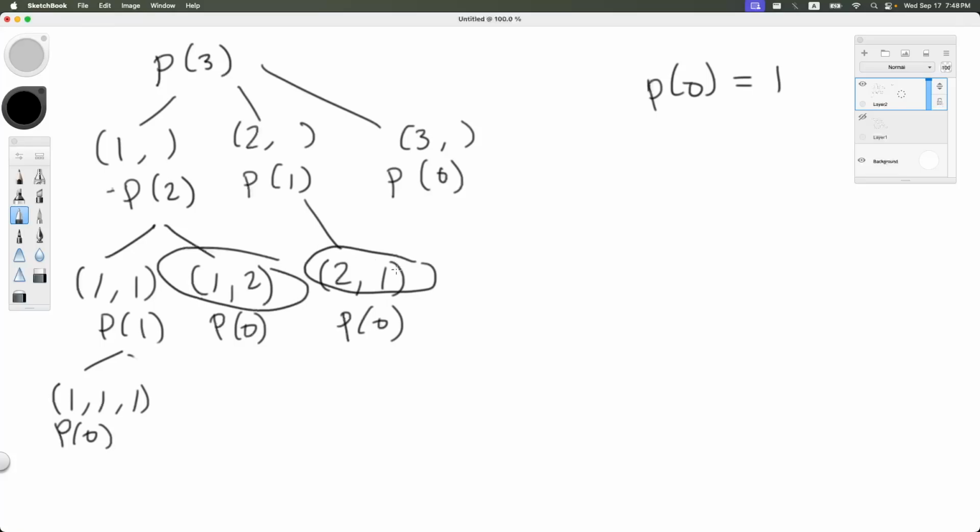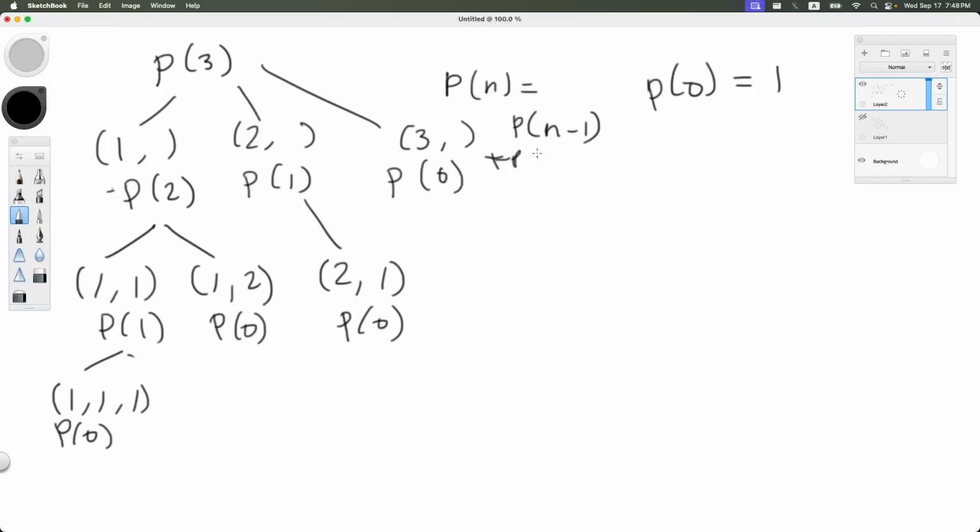But we are double counting if we are using this sum where P of n is equal to P of 1 plus P of n minus 1 plus P of n minus 2 plus dot dot dot plus P of 0. We are double counting, so this is not the correct way to count the number of unordered partitions. We are double counting here.